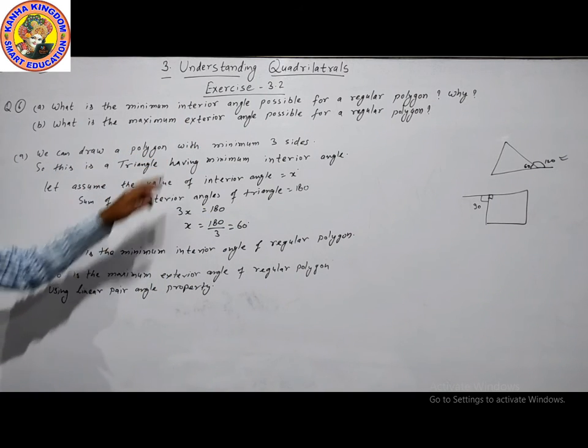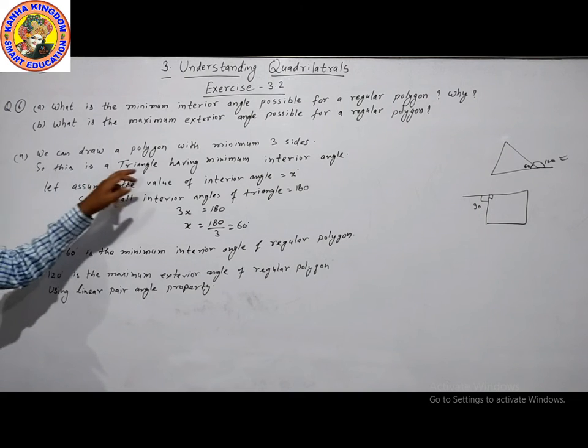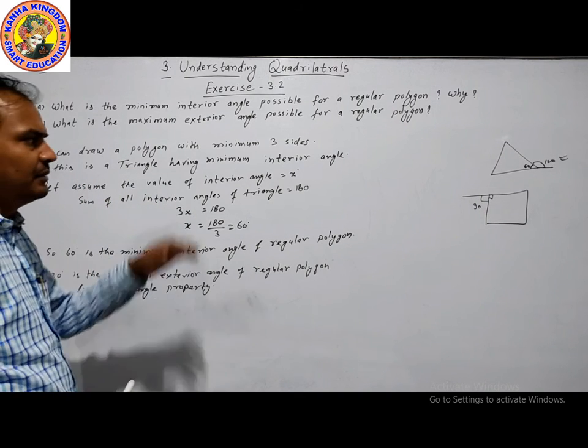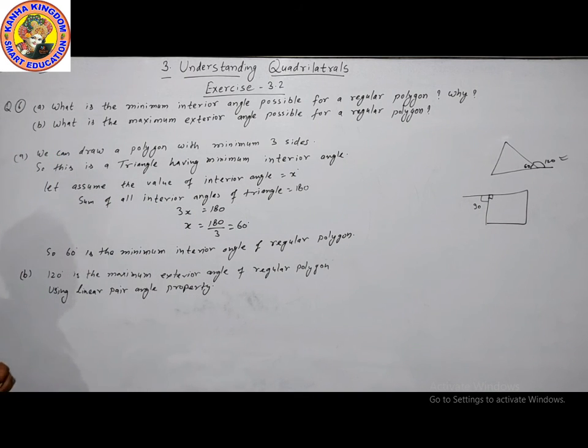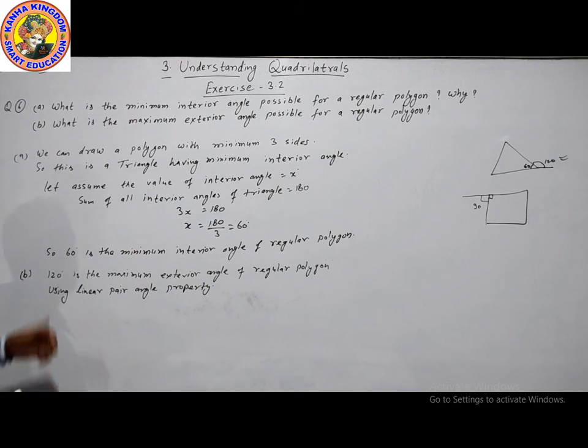Let's assume the interior angle is x. There are 3 angles, so the sum is 3x. The sum of all interior angles is 180, so x is 60. So 60 degrees is the minimum interior angle for a regular polygon.